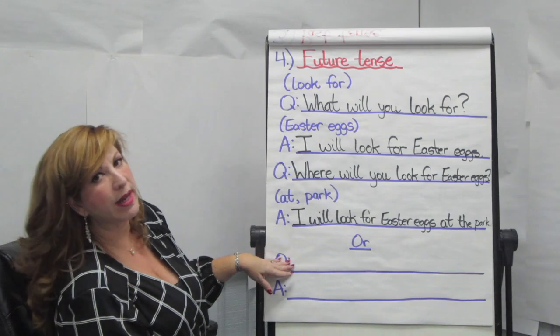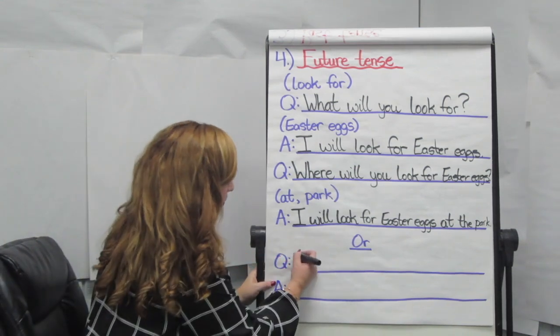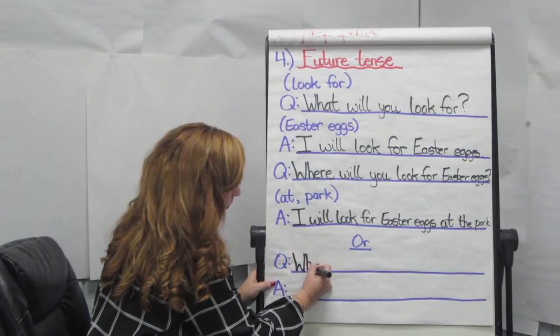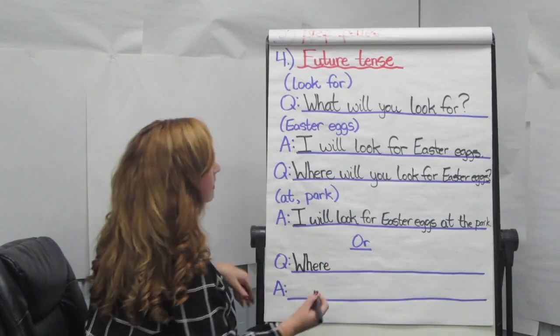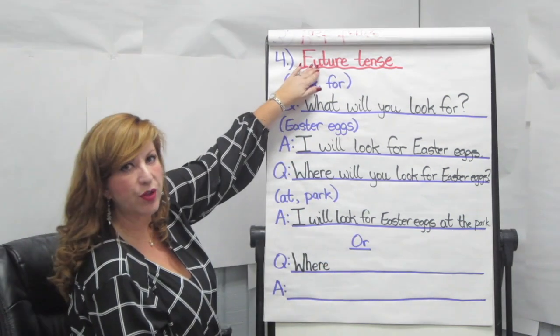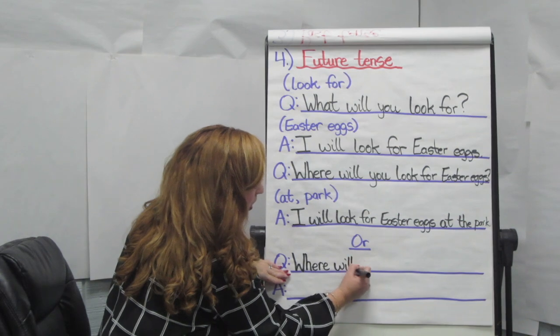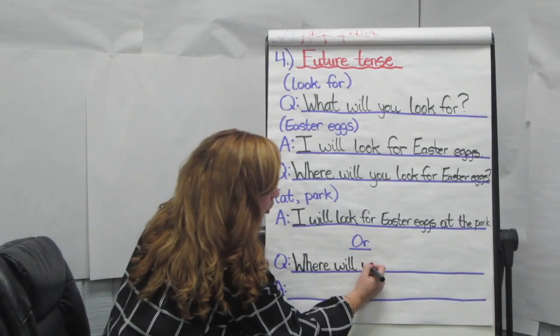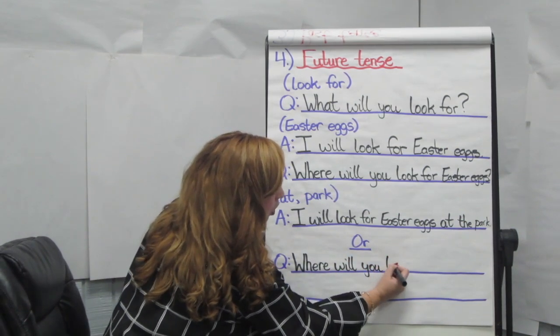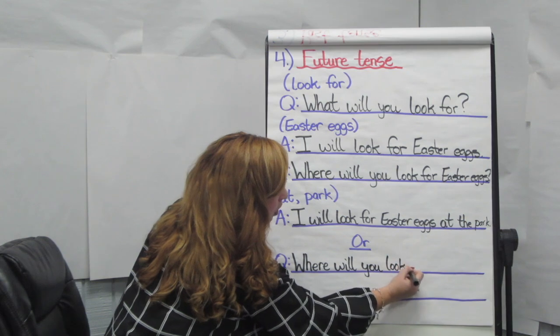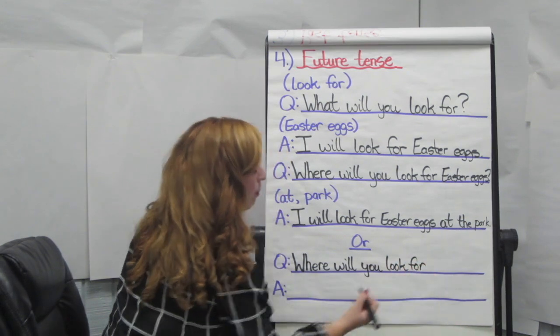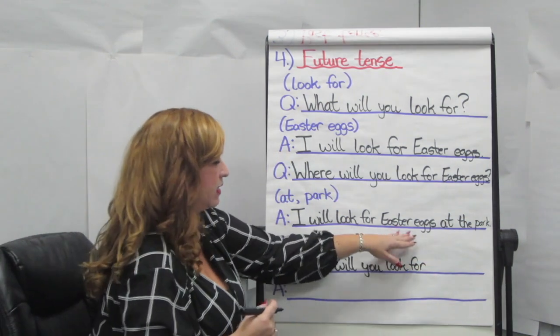So when we combine, we could begin with our question word where. Where, and we're still working in the future. Where will is my helping verb. Where will you look for? And my what is Easter eggs.